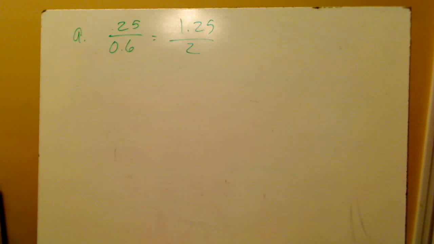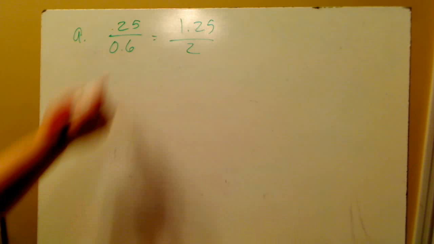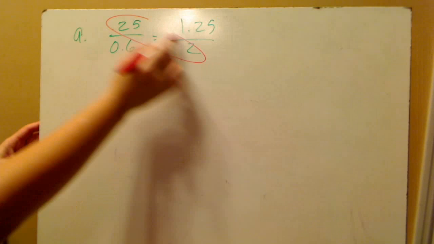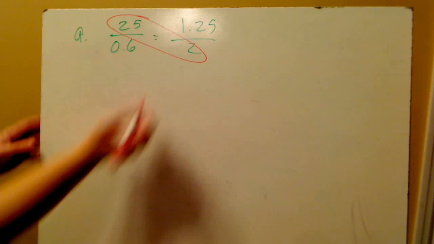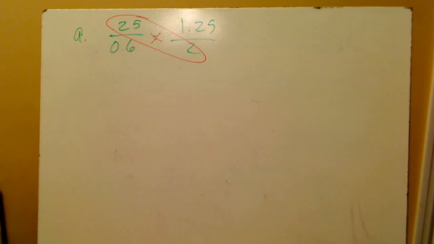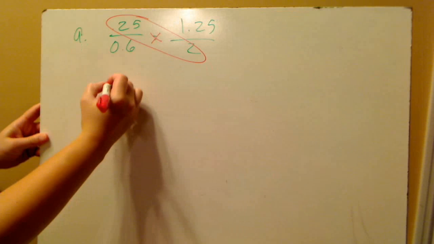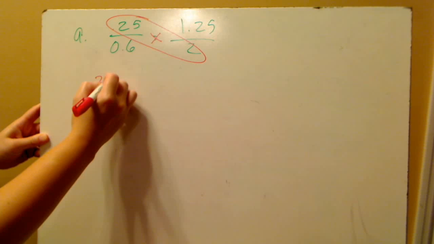Okay, to use cross products. It's also what's called cross multiplying because product is the answer to a multiplication problem. So you're going to multiply diagonally. So you're going to do 0.25 times 2. You'll make an X in the end, just like multiplication.